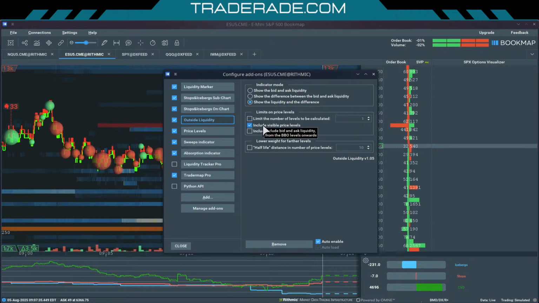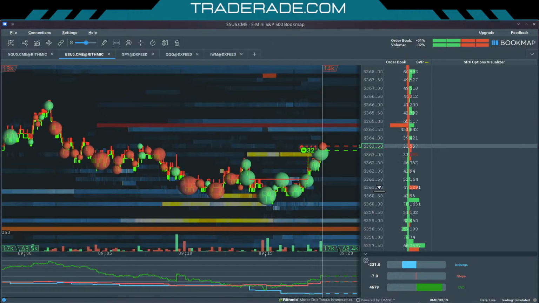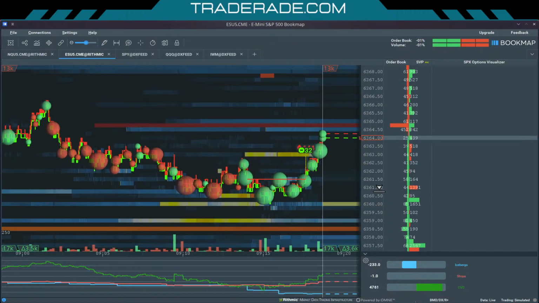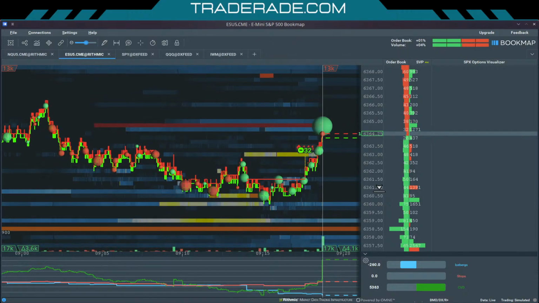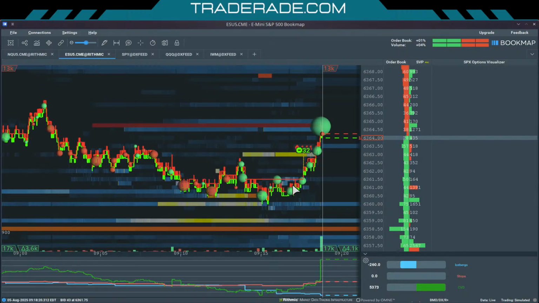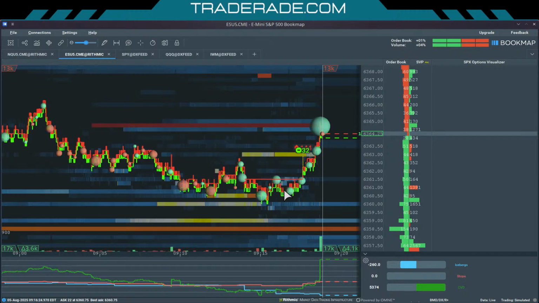Show liquidity and the difference and include the visible price levels, because what I'm really doing with this is getting a sense as to which side of the order book is a little bit more heavy, if there is that difference. If it gets big enough, 30, 40, 50% of a difference, then you can see that one side might gain an advantage. And you can also see here we're seeing a little bit of a turnaround off those lows.